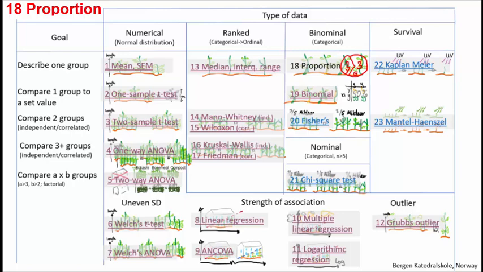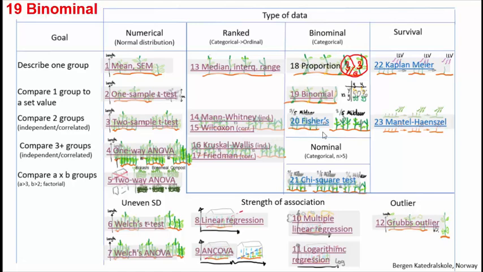The next type of data we are going to look at is binomial. And if you have a population with binomial data, you can just give it as the proportion. For example, 3 out of 5 plants were green.